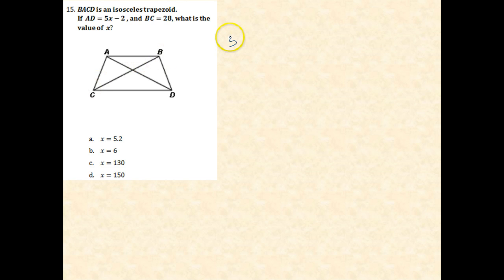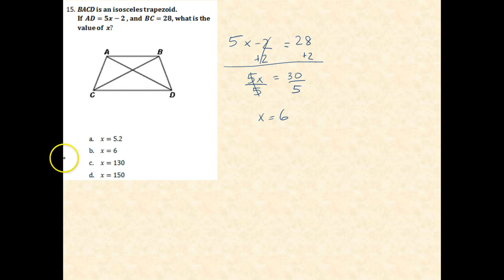So that means that 5x minus 2 equals 28. Add 2 to both sides, and you get 5x equals 30. Divide both sides by 5, and x equals 6. So 15 is B.